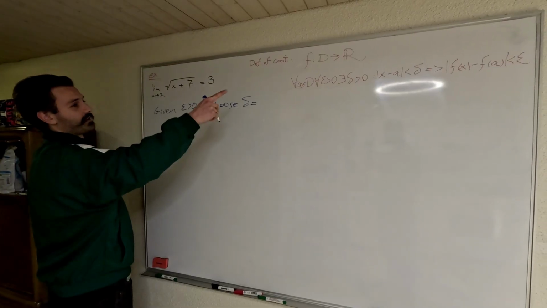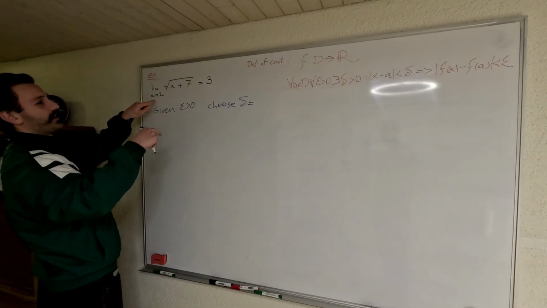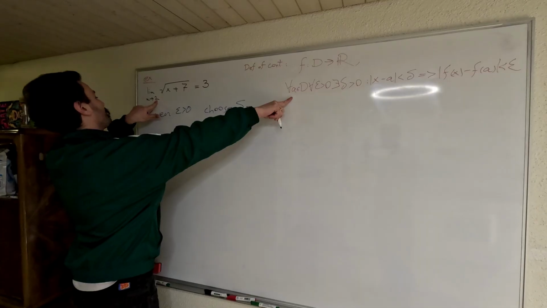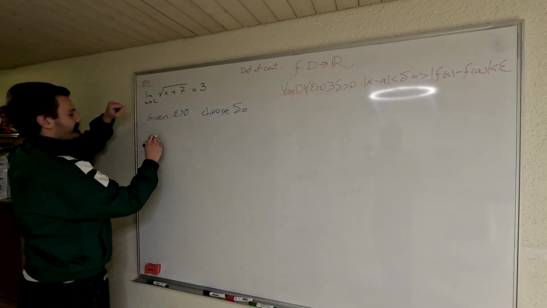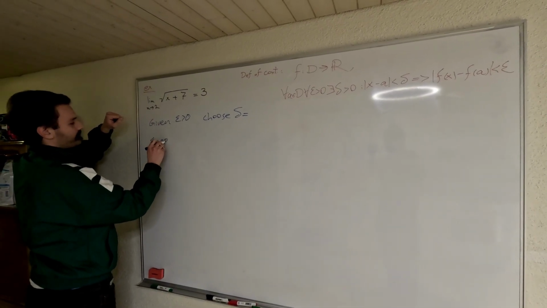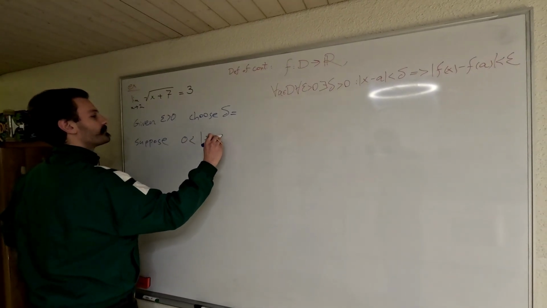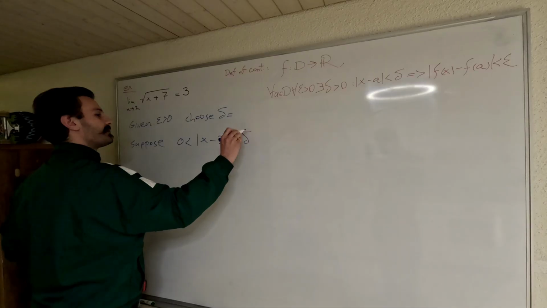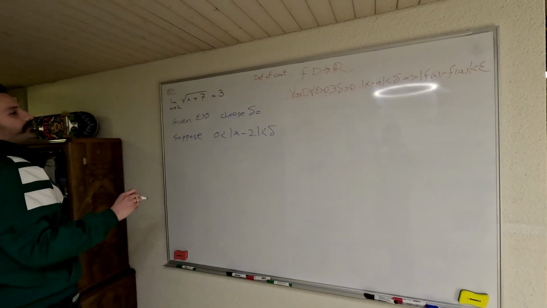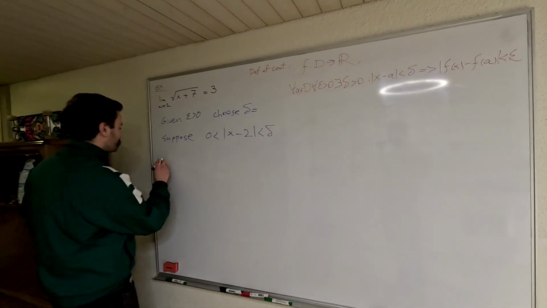In this case, our a is the number 2, and let's suppose the absolute value of x minus 2 is less than delta.